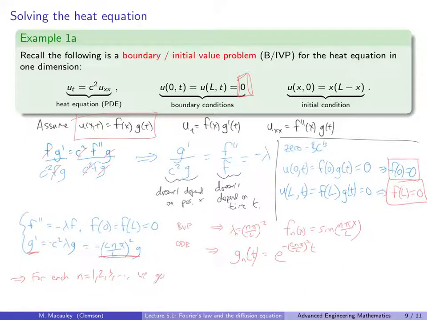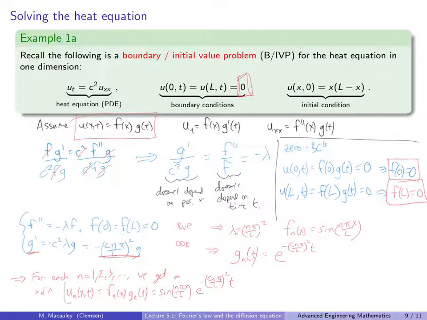We get a solution u_n of x, t equals F_n of x, G_n of t, which is just the product of these two things. So that's sine of n pi x over L times e to the negative c n pi over L squared t.